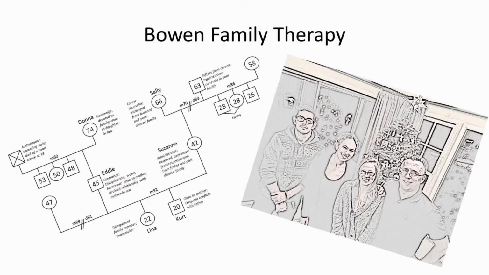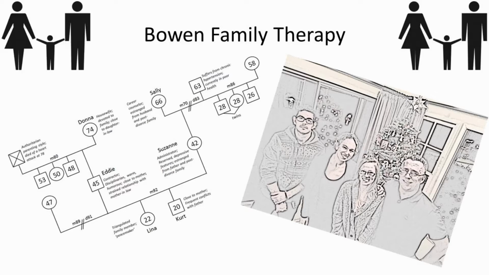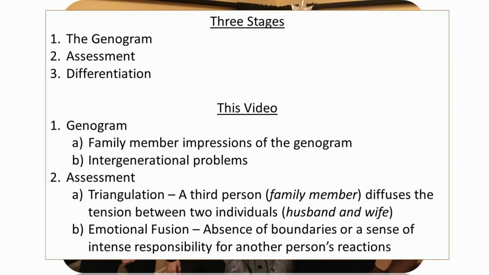Bowen Family Therapy incorporates a systems approach to counseling which views the individual's behavior as inseparable from the functioning of his or her family of origin. The model consists of 3 broad stages: construction of the genogram, assessment, and differentiation.